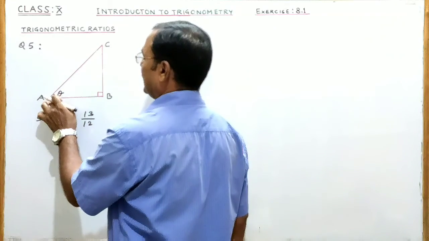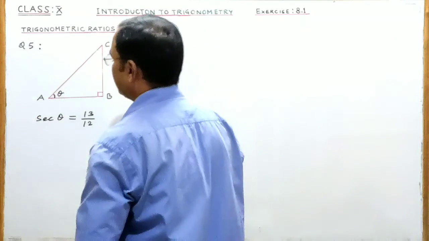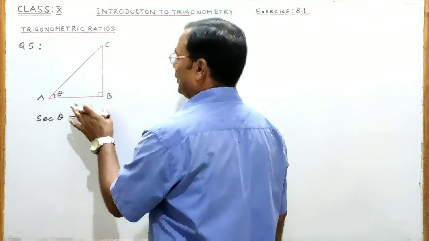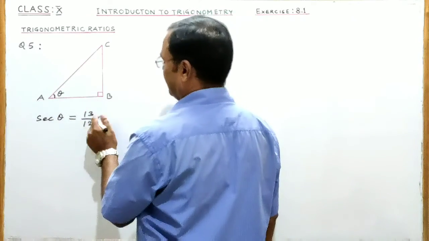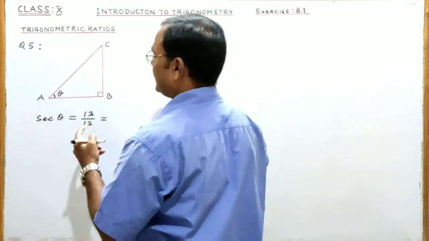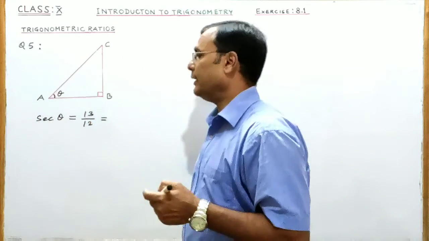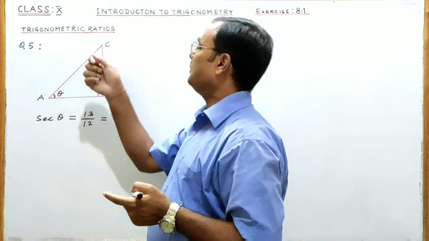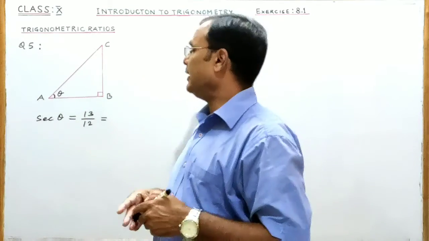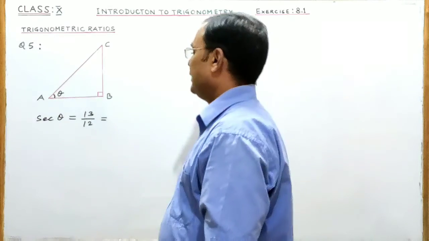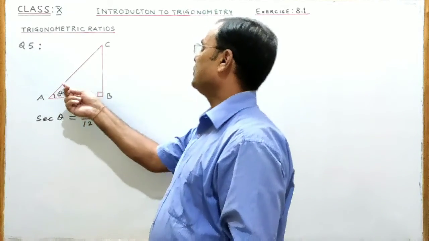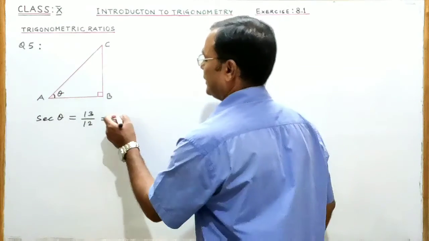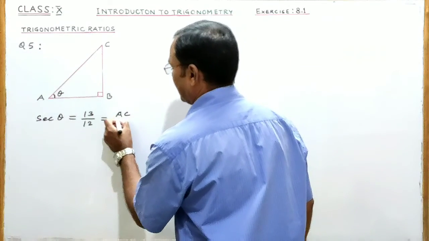So here acute angle A of this triangle ABC right angled at B, we have taken theta. Now sec theta is defined as reciprocal of cosine of angle theta, that is base by hypotenuse is cos theta. Now sec is reciprocal of cos, so sec theta will be equal to hypotenuse by base. So AC by AB.